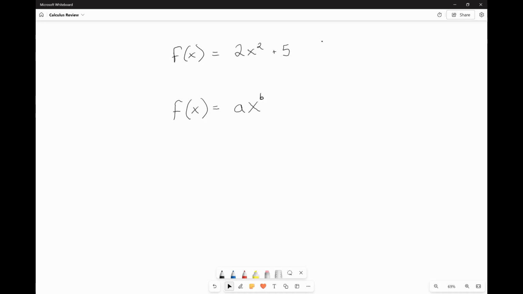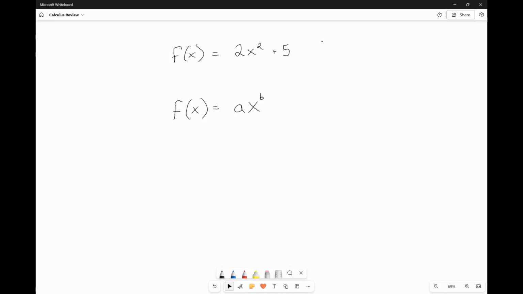This is a generic structure for what a lot of functions look like, and it's super helpful to recognize this structure in a function. I'll explain it in detail in a minute and help you to recognize it.